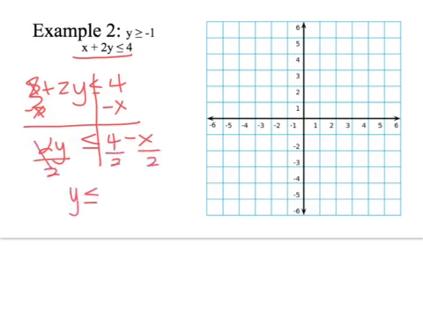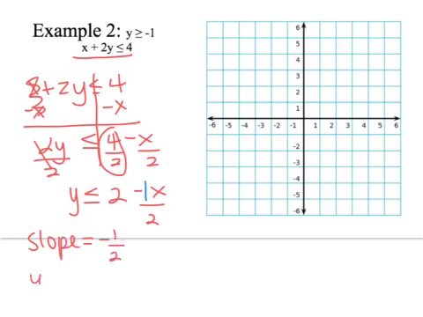So y is less than or equal to 4 divided by 2 is 2. Negative x divided by 2 does not divide evenly, so we just have a negative x over 2, and there's an understood 1 here. Our slope is the number in front of the x, the coefficient of x, so that's negative 1/2, and the y-intercept is the constant, the number all by itself, so that's positive 2.